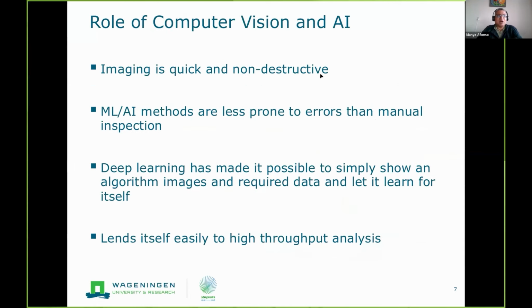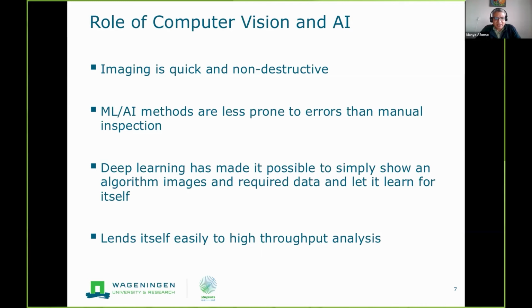Now, the role of computer vision and AI here is logical, because compared to manual inspection or data collection, imaging is quick and non-destructive. And you can also get much more accurate analysis than by manual inspection.